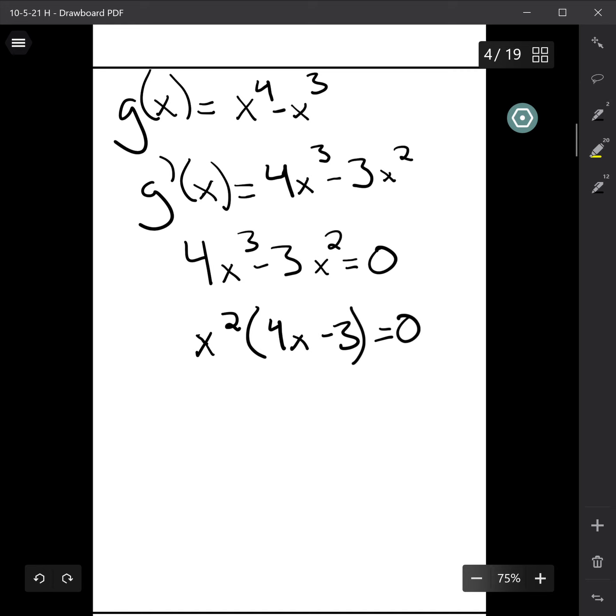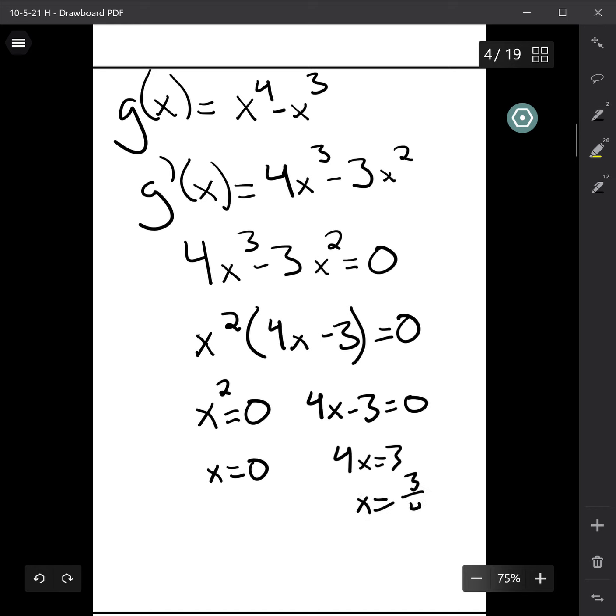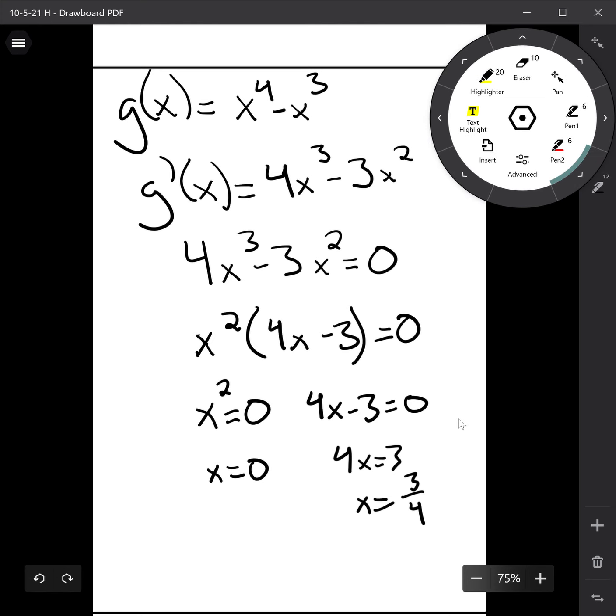It's still all equal to 0. Now I set both of them equal to 0, and I get x equals 0. And over here I'll get 4x equals 3, or that x equals 3/4. And these are my two critical points.